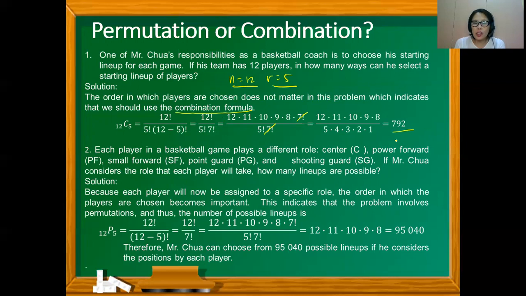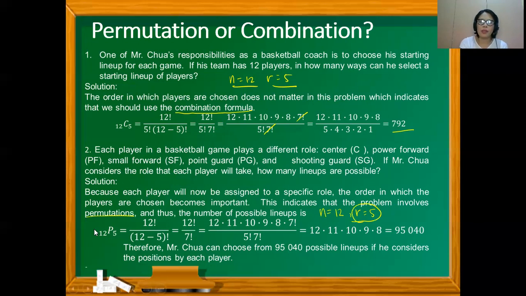Since each player will now be assigned to a specific role, the order in which the players are chosen becomes important. So, order matters here, class. That indicates that the problem involves permutations, and thus, the number of possible lineups is provided by this solution. Take note here again that n is 12 and r will remain 5.